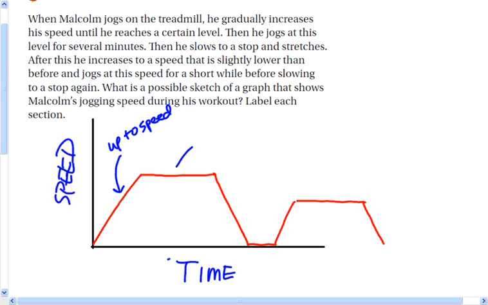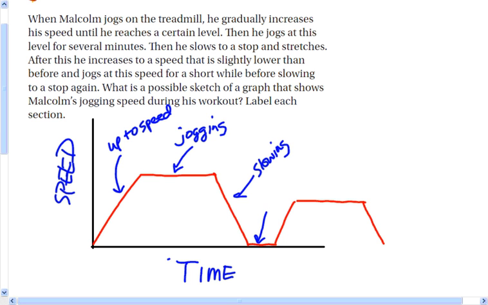This part here, he's maintaining a speed, so that is jogging at the same level for several minutes. So speed is staying constant for that period of time. Here he is slowing to a stop. So he's slowing down.